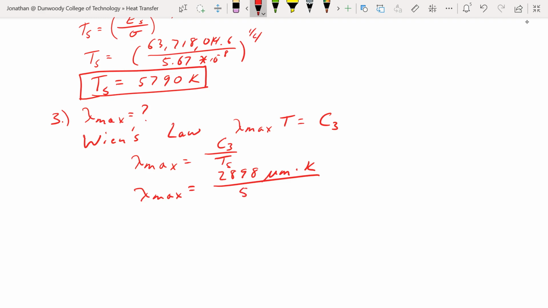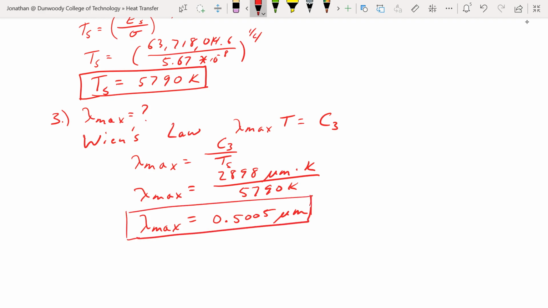We're going to divide by that 5790 Kelvin, so we'll be left with micrometers. Lambda max works out to be 0.5005 micrometers. So about half a micrometer.